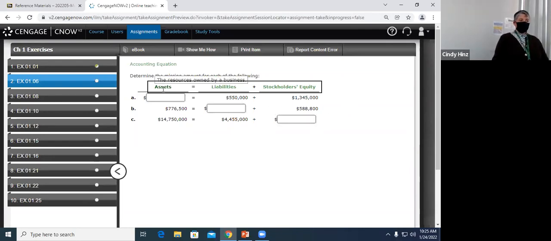Assets, as you can see when I hover over it, are the resources owned by a business. And I would go a little farther than that. It's stuff that the company owns or controls. Because sometimes things show up on the balance sheet as assets that the company doesn't actually legally own, but they have use and control of them.